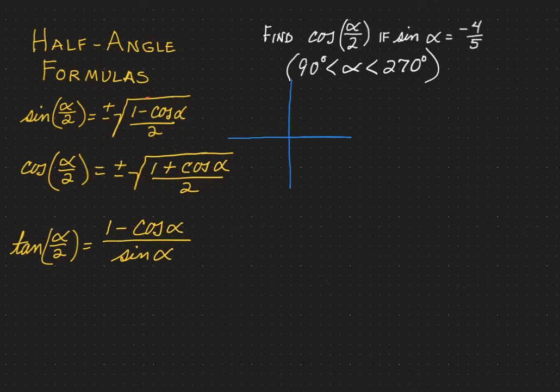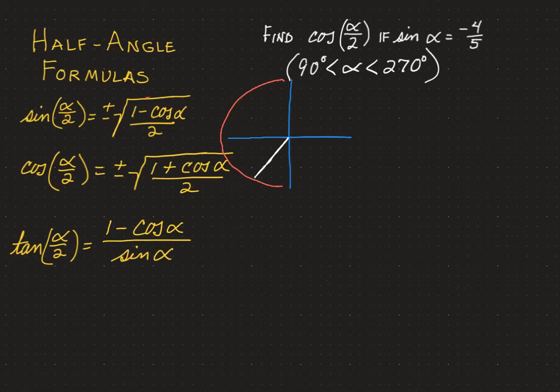All right, so we know the sine of alpha is negative, and we also know it has to be somewhere between 90 degrees and 270 degrees. So where is sine negative here? Sine is positive in the first quadrant and the second quadrant. Therefore, alpha must be down here.